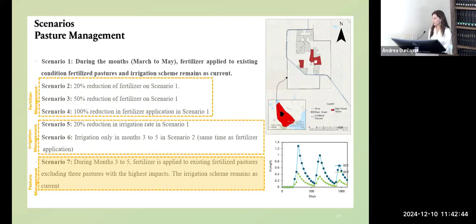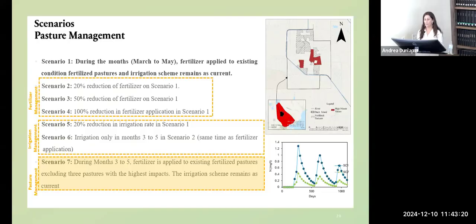But the next stage for this study is to gather the data for phosphorus and do different scenarios, or maybe similar scenarios, to see the impact of management practices on phosphorus, and especially in that area, phosphorus is a very important parameter to look at.